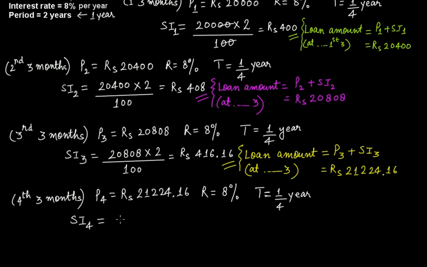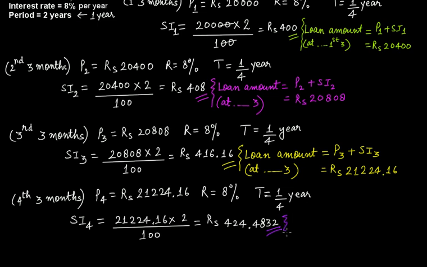This is equal to 21,224.16 multiplied by R, 8, multiplied by 1 by 4, which means 2, divided by 100. Okay, so if you solve it, you'll get rupees 424.4832. So this is the interest for the last period of 3 months.